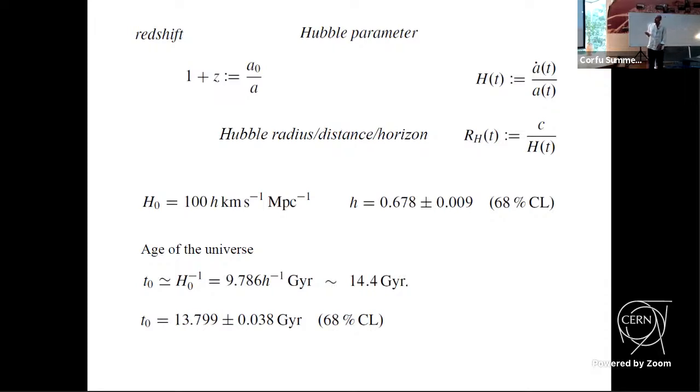The inverse of the Hubble parameter gives a rough estimate of the age of the universe. So taking the inverse, you get 14.5 billion years, which is not far from a better estimate, which can be found by considering in more detail the content of the universe. And if you do that, you get a number which is about 13.8 billion years. Okay, so this is an estimate of the age of the universe.